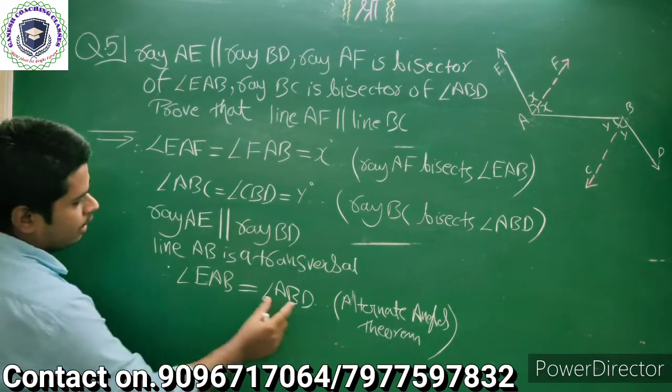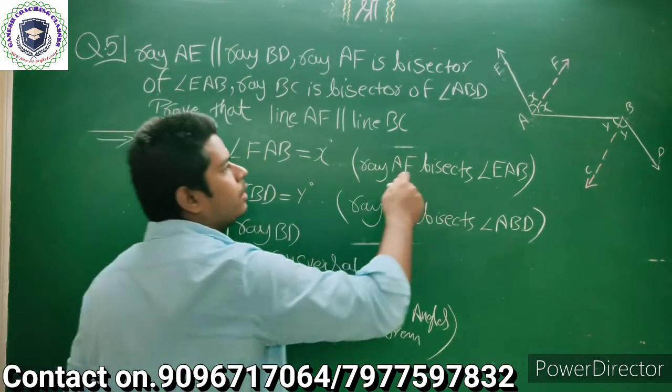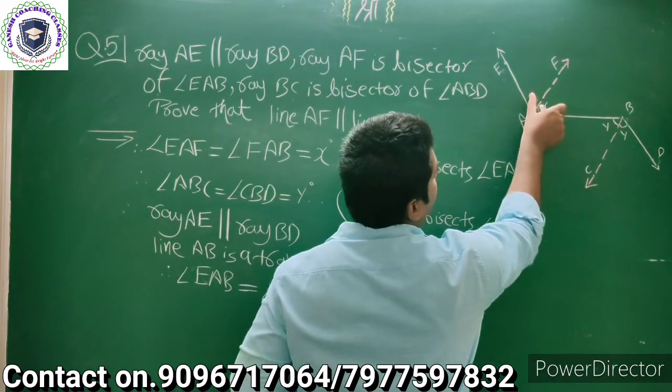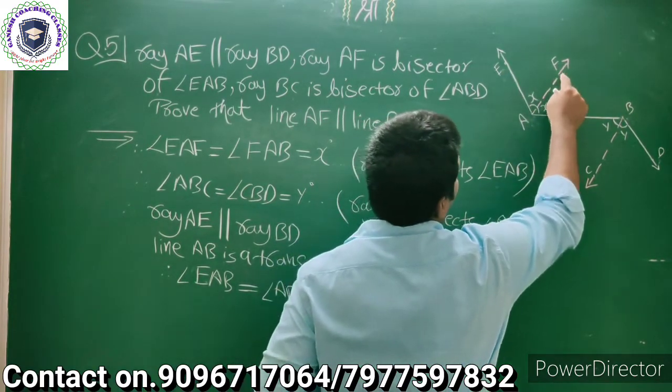When we look at the figure, EAB is divided into two equal parts, that is EAF and FAB.